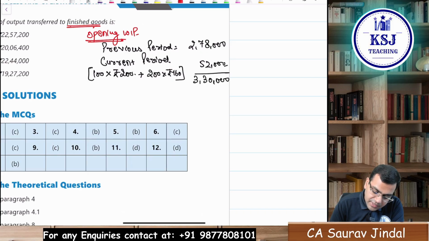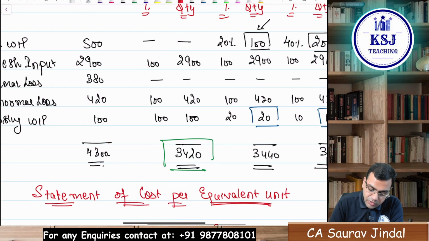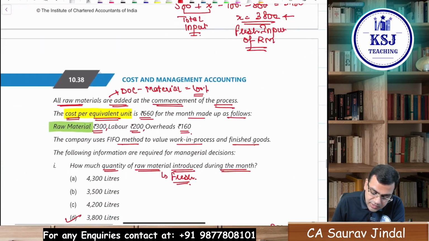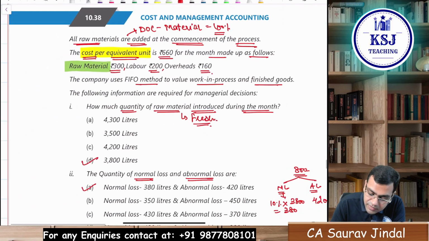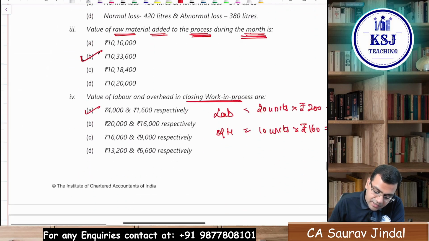Now in this I will add whatever is completed from the fresh input. How many units were completed from the fresh input, that is 2900 units, what will be the cost incurred? Material cost incurred? Yes, sir. Labor cost incurred? Yes, sir. Overheads incurred? Yes, sir. This is the total cost per equivalent unit incurred on the making of 2900 units.